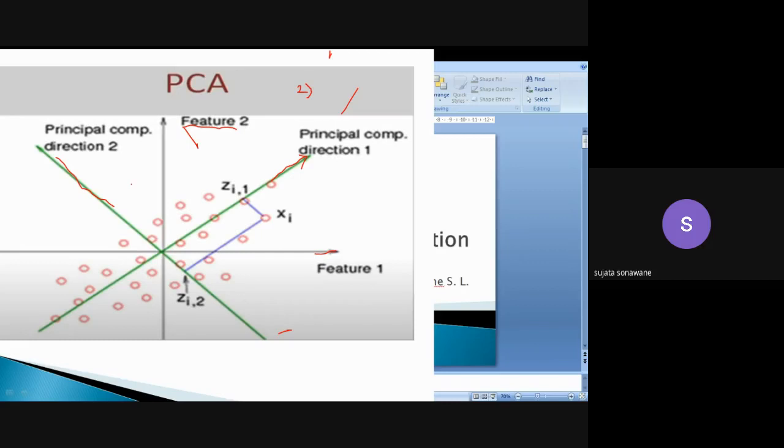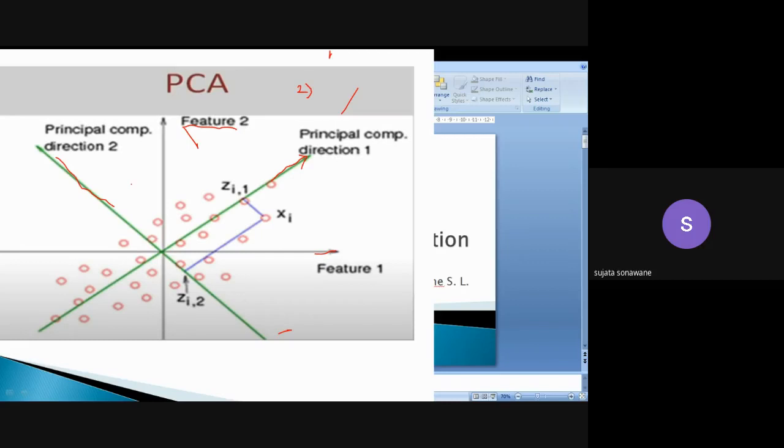Now the next thing is that when we draw the n-dimensional feature space, at that time we will use a covariance matrix. We will see it in the next lecture.